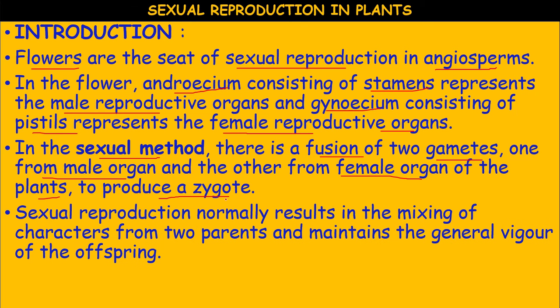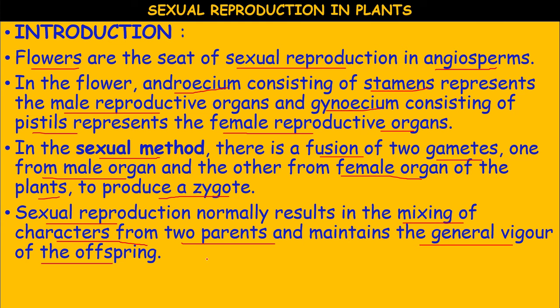What is zygote? Zygote is the diploid cell which is formed as a product of fertilization. Sexual reproduction normally represents the mixing of characters from 2 parents, and maintains the general vigor of the offspring.